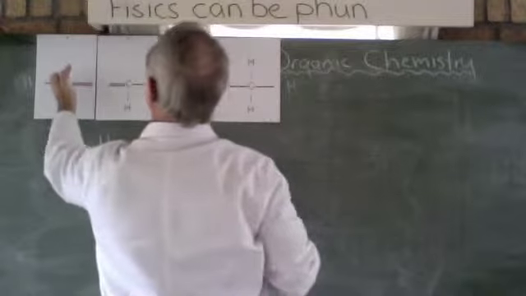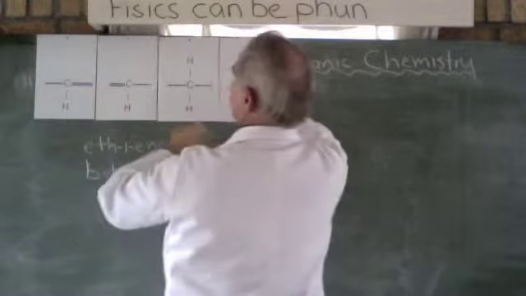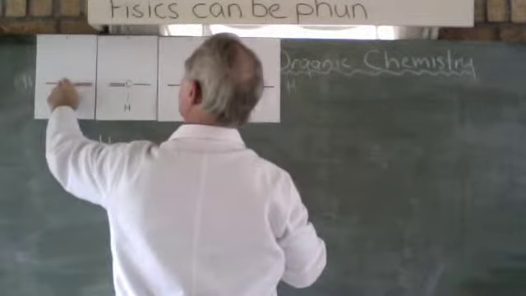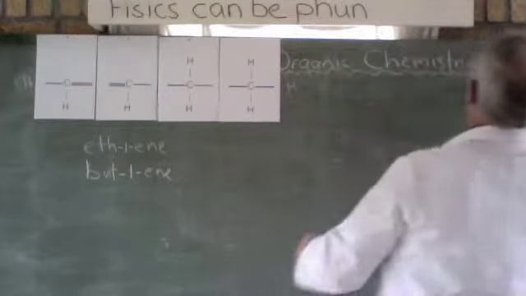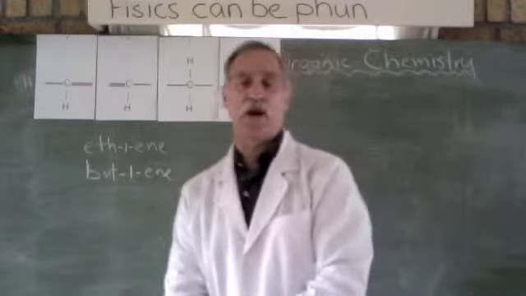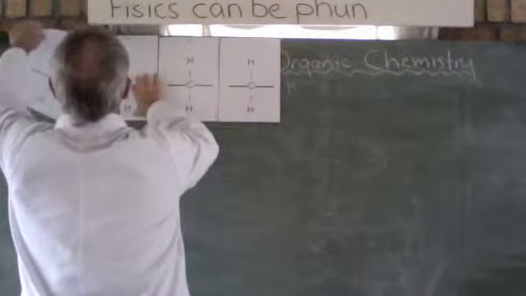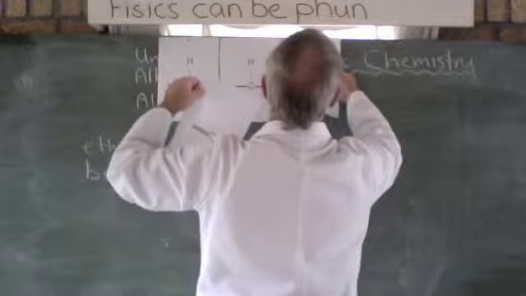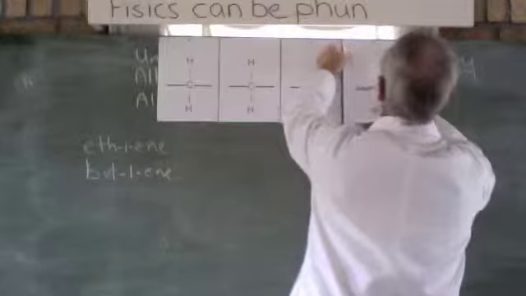We always number from the side of the chain where the double bond is closest. So we wouldn't start numbering from here. The double bond is closer to this side, so therefore we number this as carbon 1. So it's but-1-ene. And if we added a few more, we could get oct-1-ene. Or if we were to move the double bond, let's put it there.